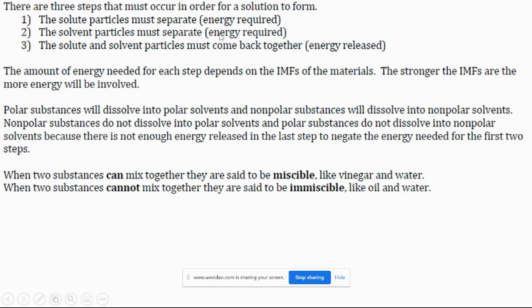Now, if this is greater than this, it's going to feel cold. If this is less than this, it's going to feel warm. You got more energy released than was required. And yesterday we talked about diluting acids down. When you're diluting acids, this is what you're doing. And there's so much energy released in that process that it can be very dangerous.